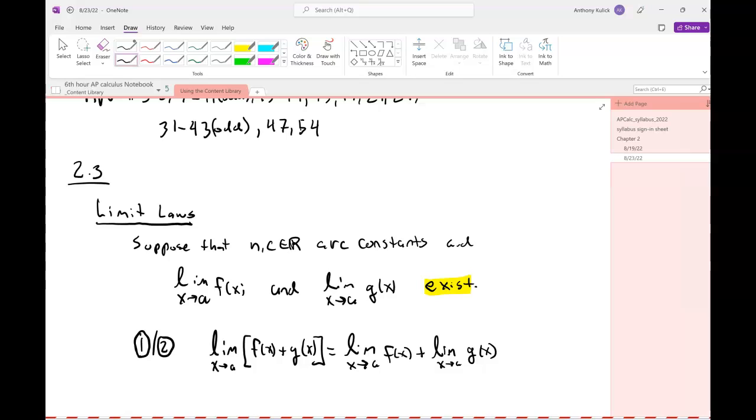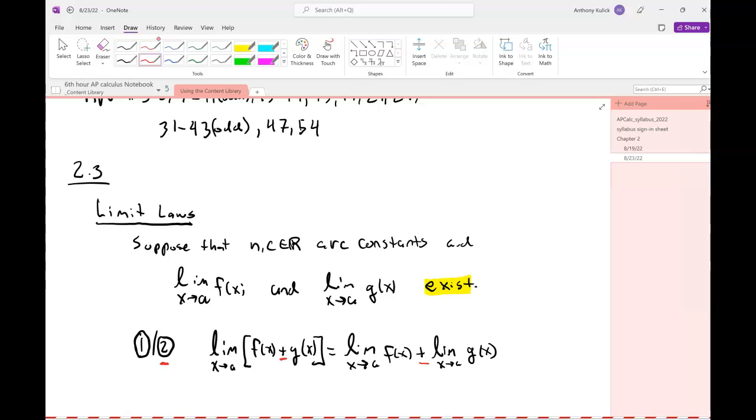So what did we really do there? We just distributed the limit, right? This is nice because you can take the parts of your function and evaluate the limit of each part individually, so you can look at simpler pieces rather than a big complicated whole. And I put /2 here because this obviously also applies if you're subtracting the two functions.